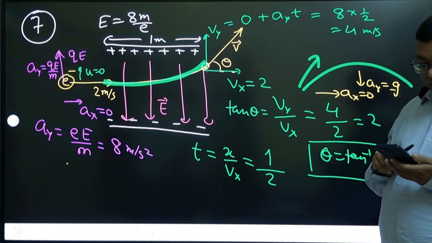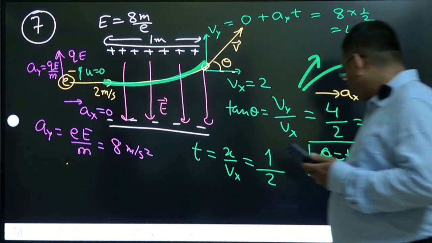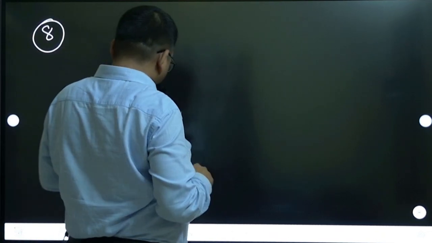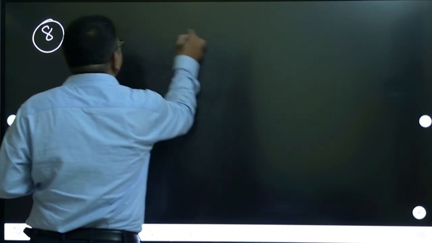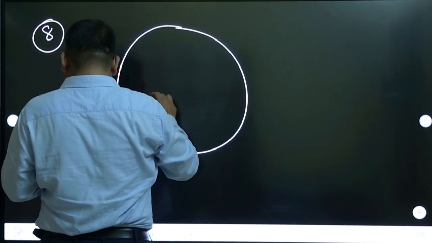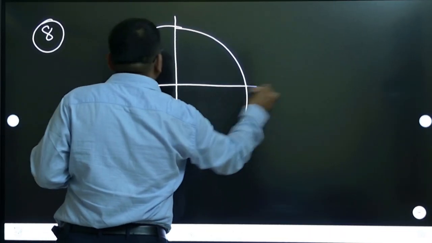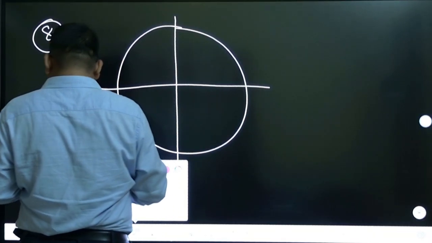Right. Then next, question number 8 is also a mistake. Question number 8. Three charged particles are placed on the circumference. So where are these charged particles?